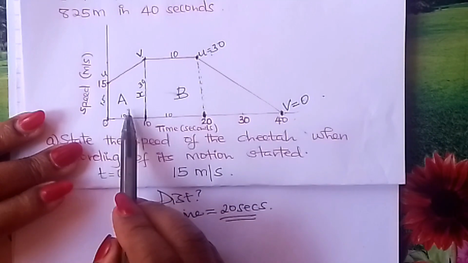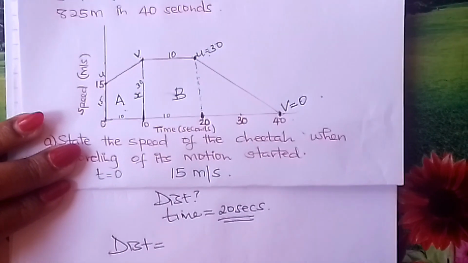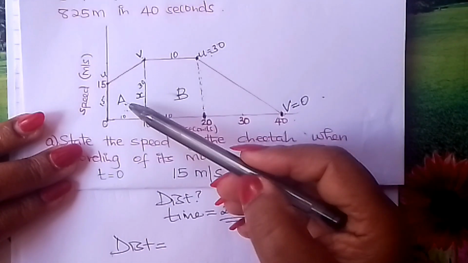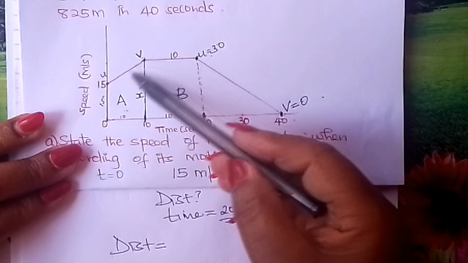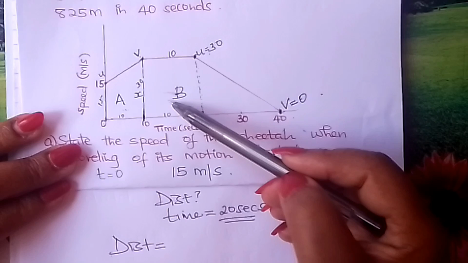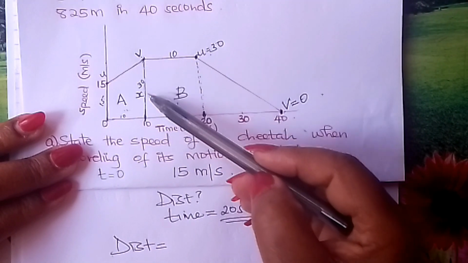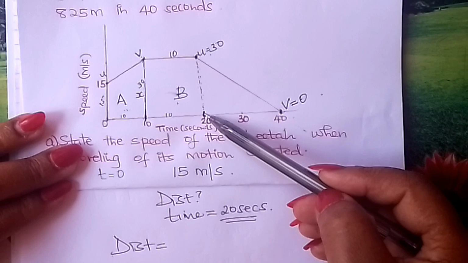Learner, how do we go about it? Distance, which is the same as area, is given by the area of this trapezium, which is standing vertically, and then we have a rectangle of 30 by 10.